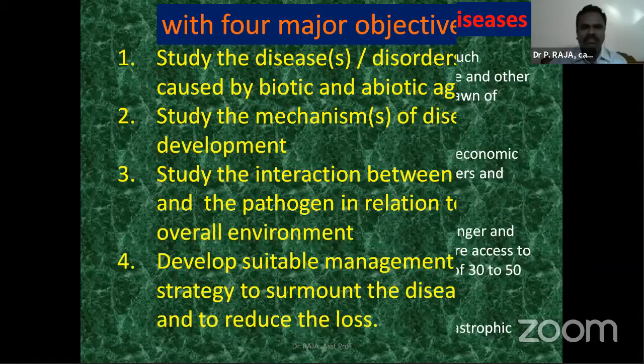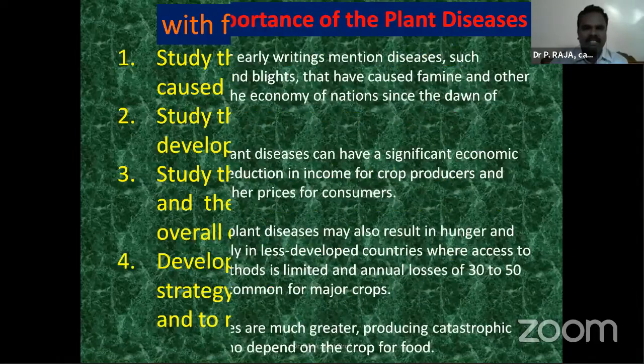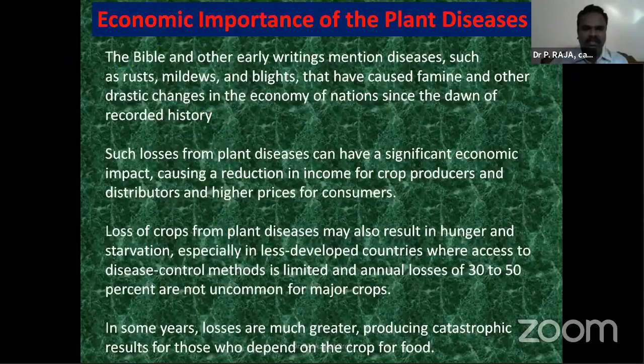On the economic importance of plant disease, there is much evidence written in the Bible. We can see the rust disease, mildews, and blights which attack various crops, even pests like grasshoppers, and so on.